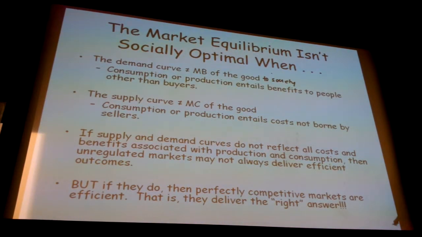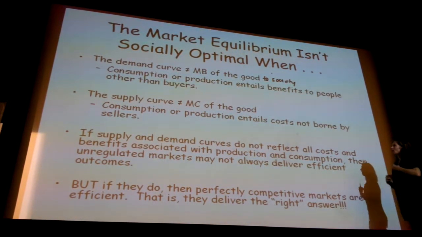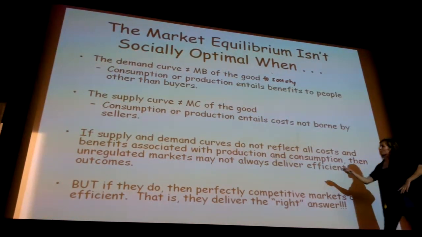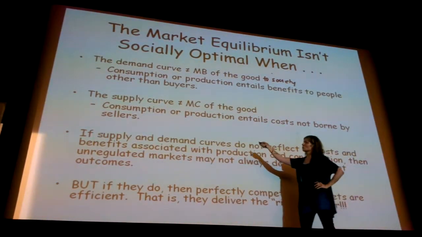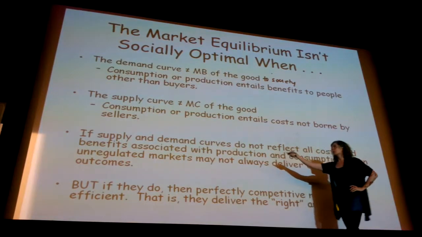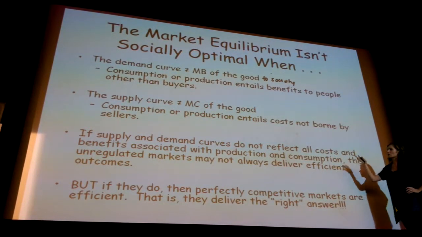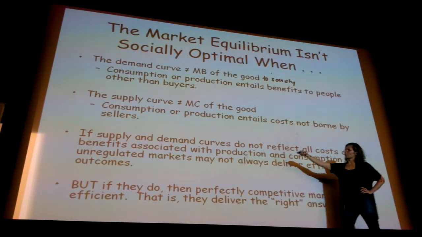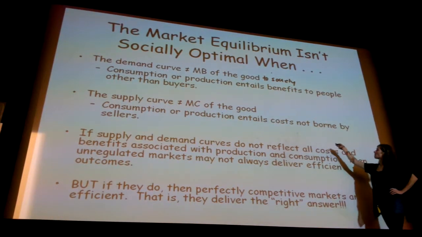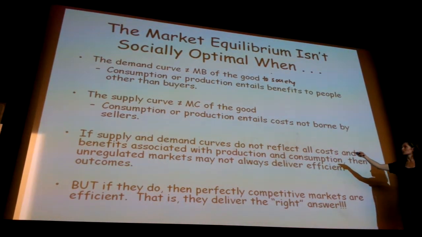There are also examples where the supply curve does not equal the true marginal cost of the good. You can talk about this in different ways, but for example, production entails costs not borne by the sellers.